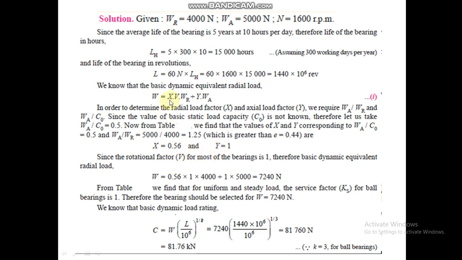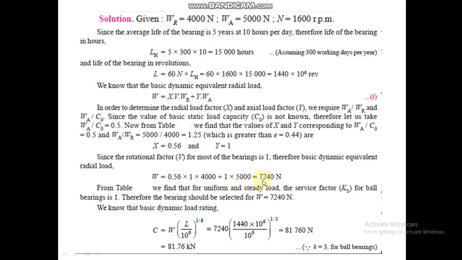Now X we have taken from the table, Y we have taken from the table. Now rotational factor for most bearings can be taken as 1. So V is equal to 1, and now put the values of WR, WA, X, Y and V to calculate W, the basic dynamic equivalent radial load. So W will be 0.56 into 1 into 4000 plus 1 into 5000.